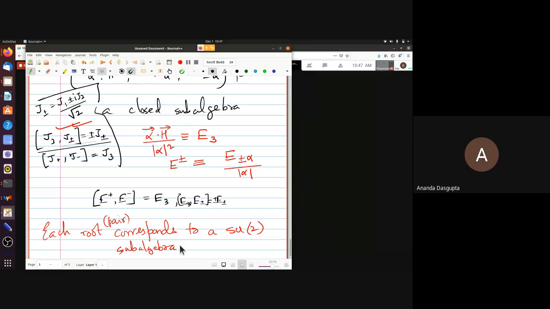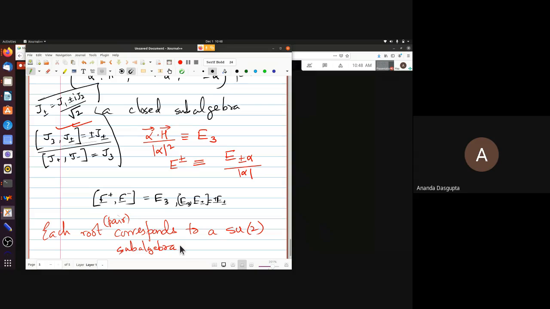That means it has 6 other generators, and those 6 can be combined to form linear eigenstates of adjoint of H1 and adjoint of H2, the two Cartan subalgebra generators of SU3. So there will be 6 roots, but really 3 pairs, right? And these 3 pairs correspond to 3 distinct SU2s.